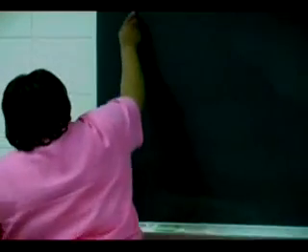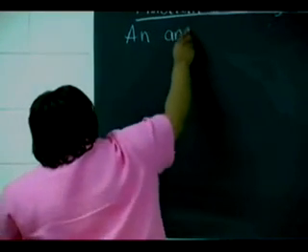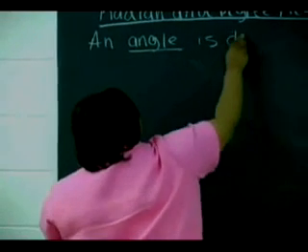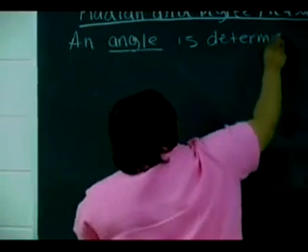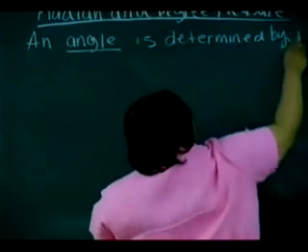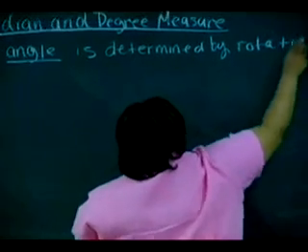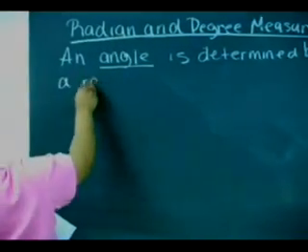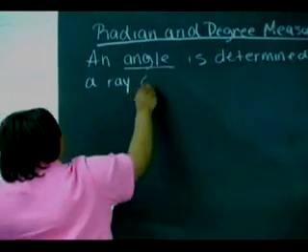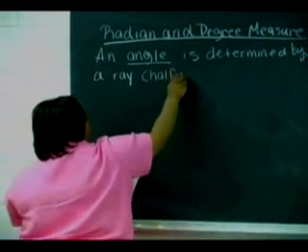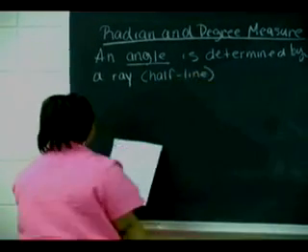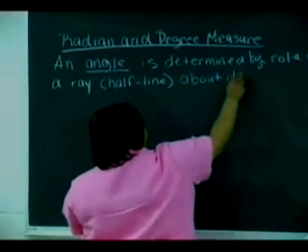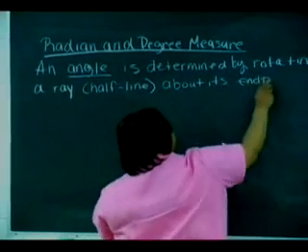An angle is determined by rotating a ray, and the ray is a half line about its end point.